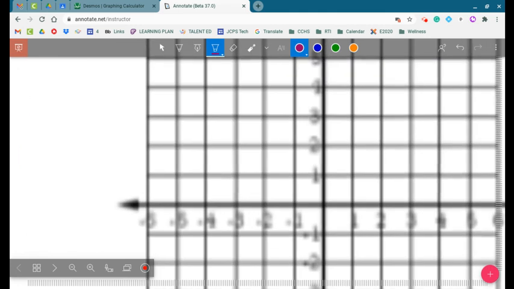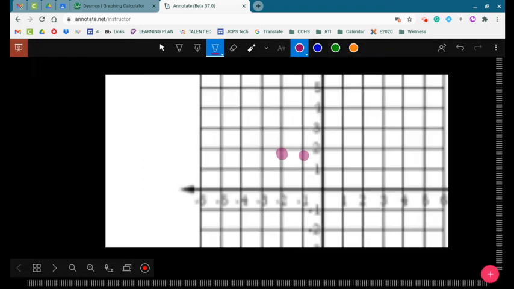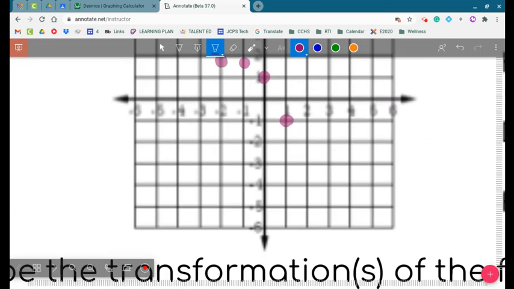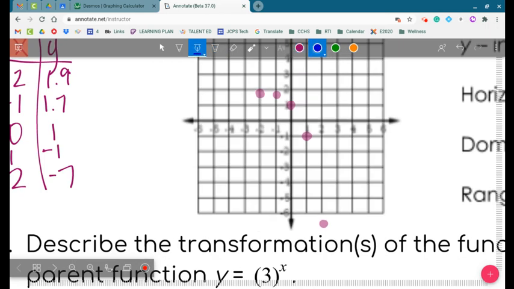So first one, negative 2, 1.9; negative 1, 1.7; 0, 1; 1, negative 1; and then 2, negative 7, which is actually going to be right off. Okay, let's graph our line. So it gets really close to y equals 2, but it never crosses. So that's going to be our horizontal asymptote.